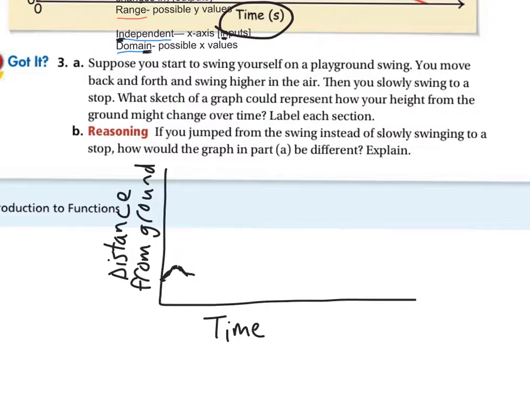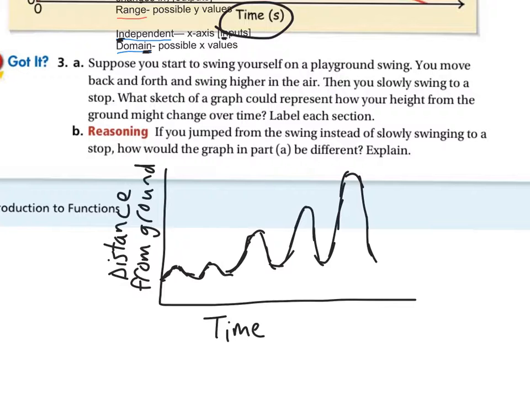We'll be at the same height where we were, and then it'll go up again, and then we'll get back to where we were, and then we start swinging a little bit higher and higher, maybe higher again.